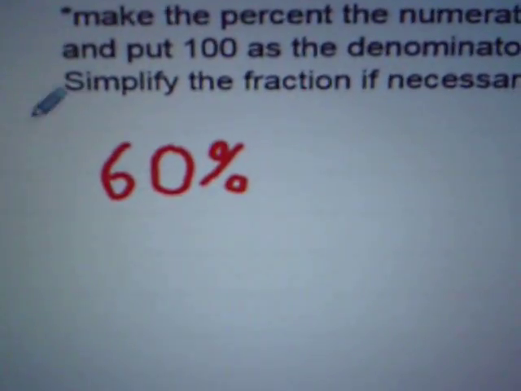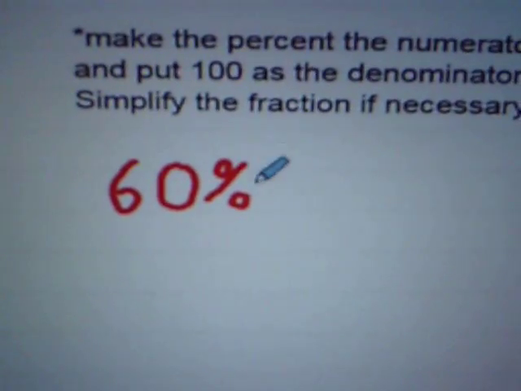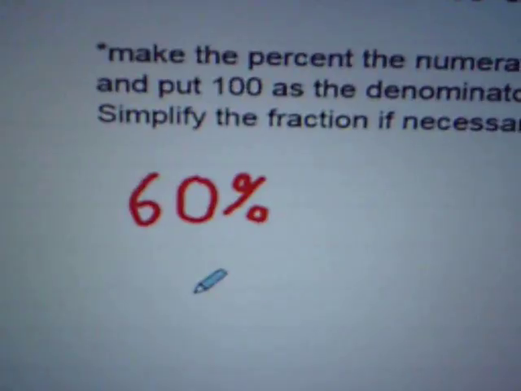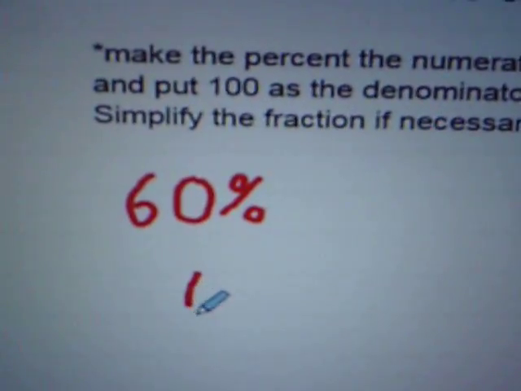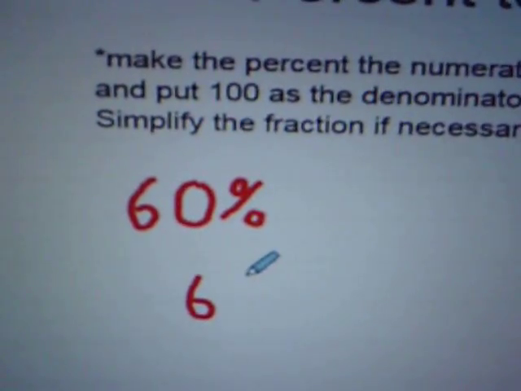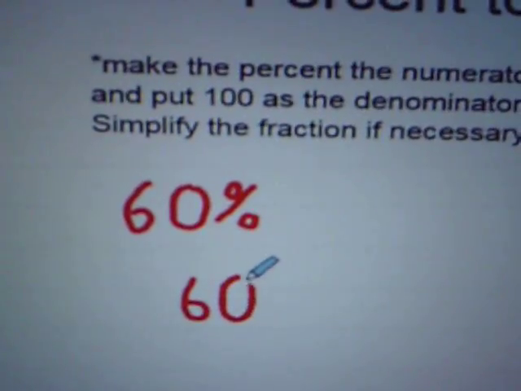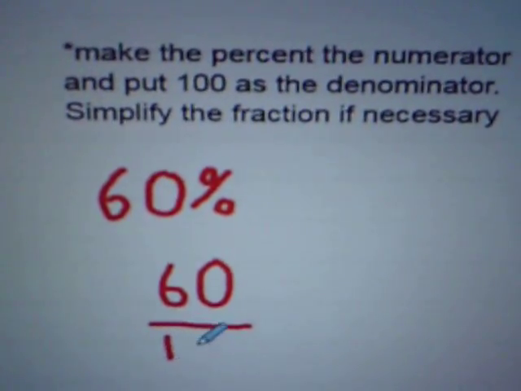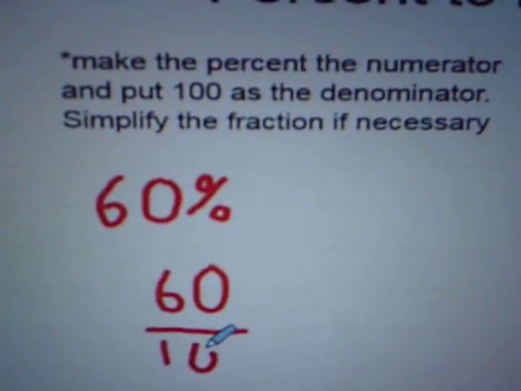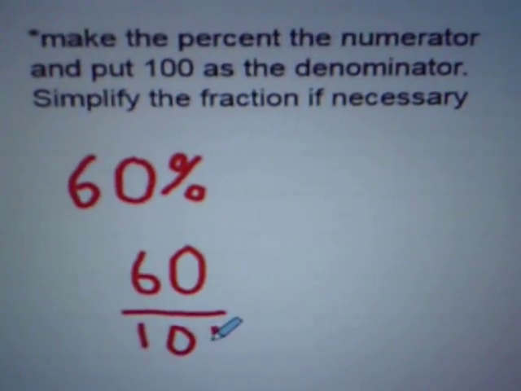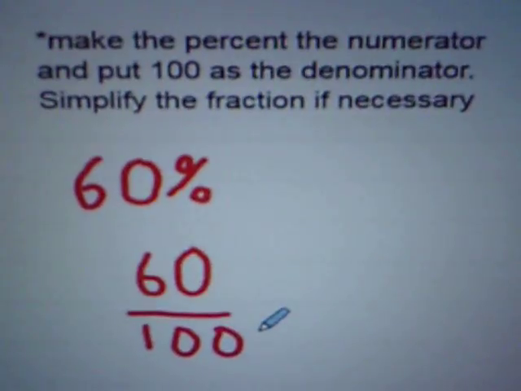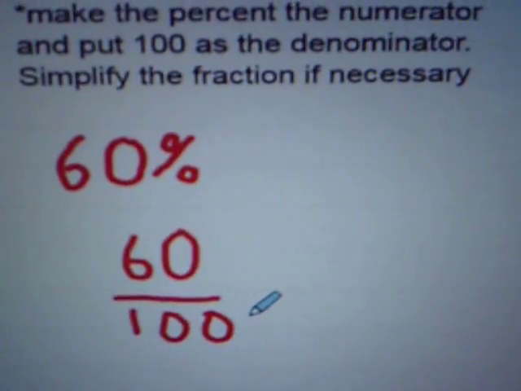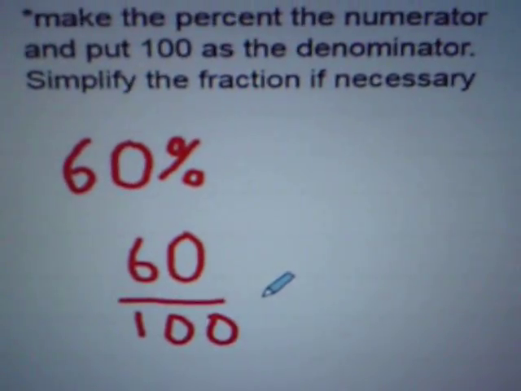So let's look at this percent here. 60%. In order to change that into a fraction, just make it into a ratio or a fraction where 100 is our denominator. So 60% becomes 60 over 100. And then you could simplify this fraction.